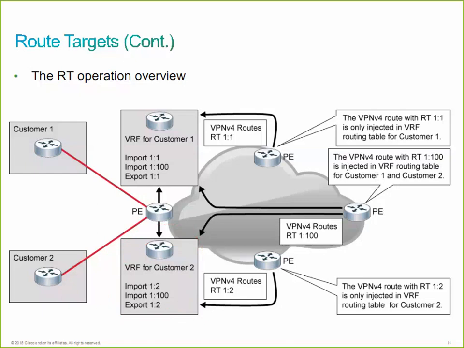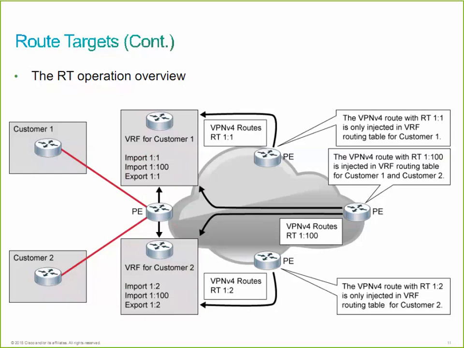The PE router is injecting routes with a route target of 1:100 into both routing tables, since both accept the route target of 1:100. We can see that listed here as import 1:100, import 1:100. Now we can define what routes fall into that category. We may not want to exchange all routes from customer 1 to customer 2 and vice versa.